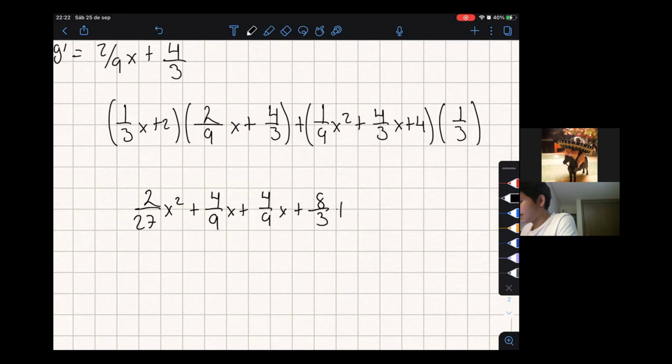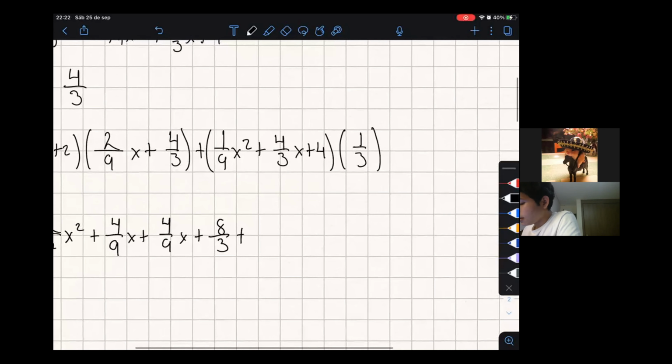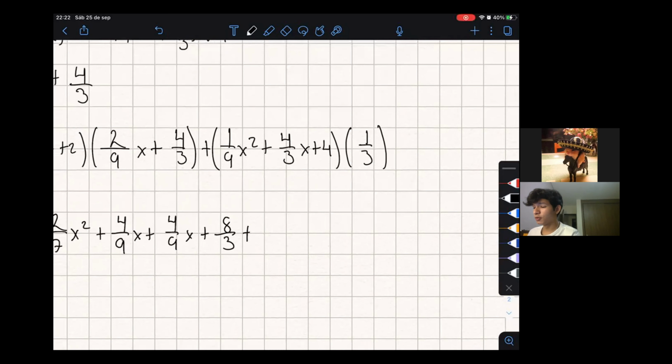We continue with the next value, that is 1 over 9x squared times 1 over 3, that is equal to 1 over 27x squared, plus 2 plus 4 over 9x plus 4 over 3.